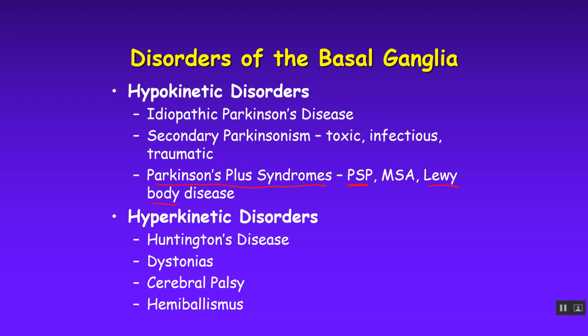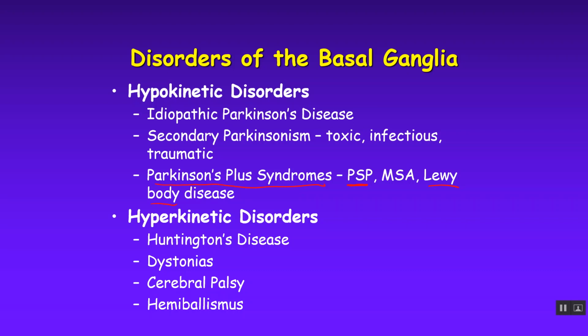So these Parkinson's plus syndromes usually affect the substantia nigra, which gives you the slowness of movement, but they also randomly affect other nuclei around the brainstem. What they usually die of is swallowing problems, and they aspirate and get pneumonia because of damage to some of the nuclei associated with swallowing.